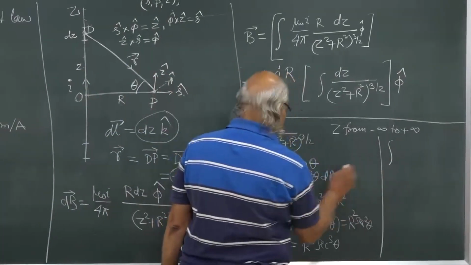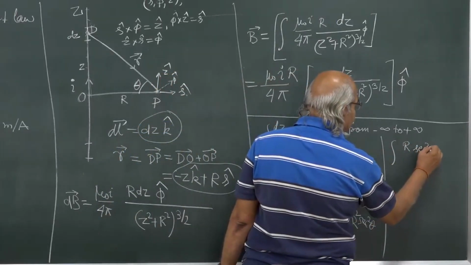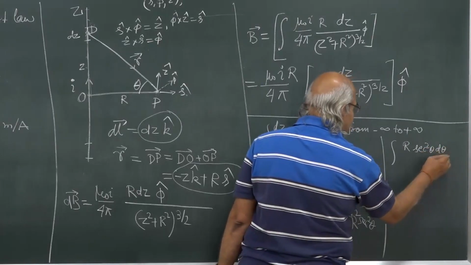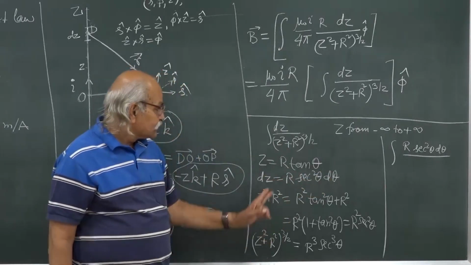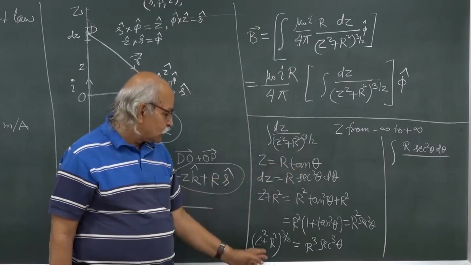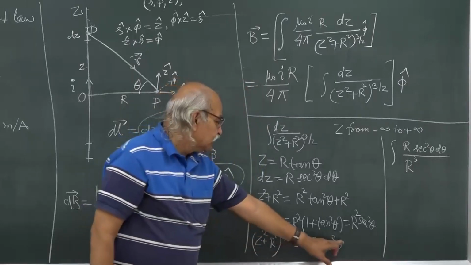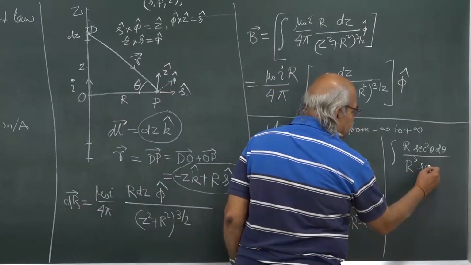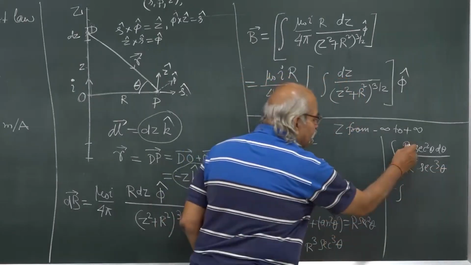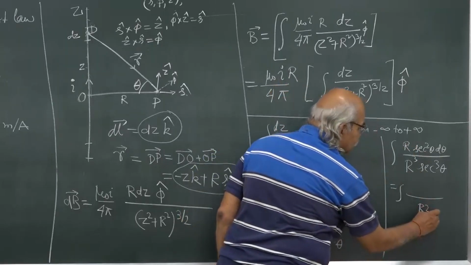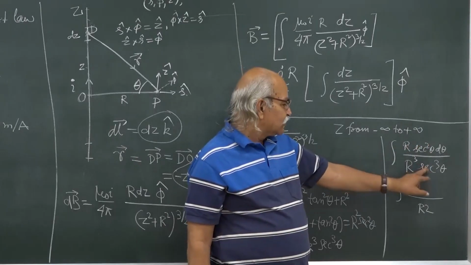dz is r sec²θ dθ, and (z² + r²)^(3/2) is capital R³ sec³θ. So we get 1 by r², and the sec²θ cancels against sec³θ, leaving sec in the denominator, which is cos θ.